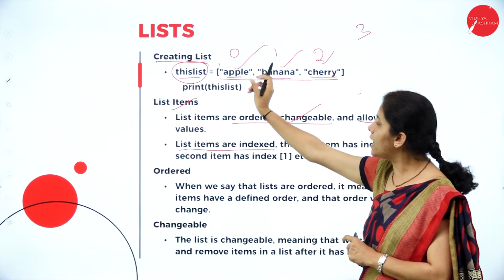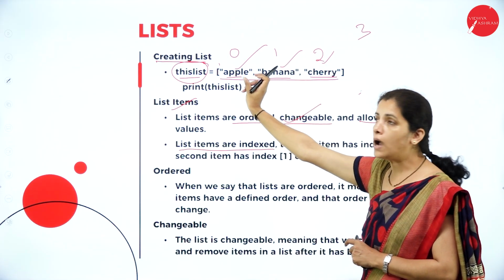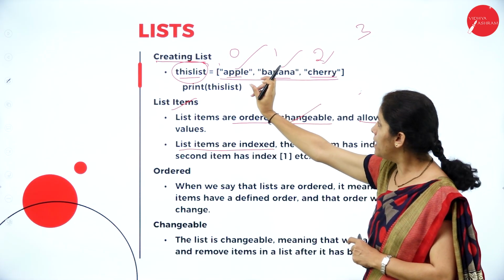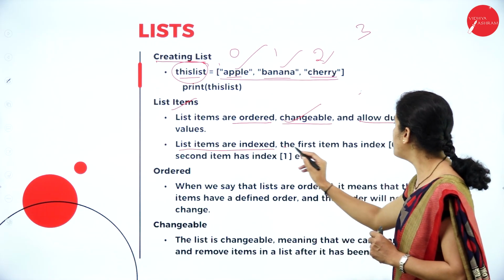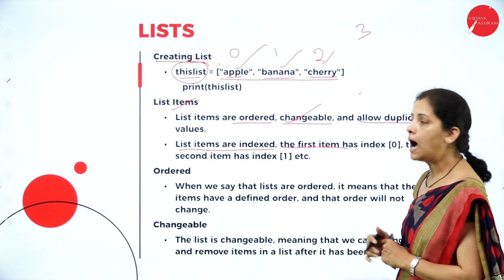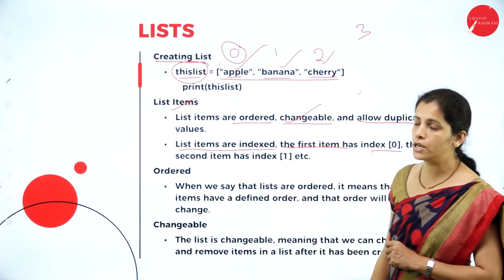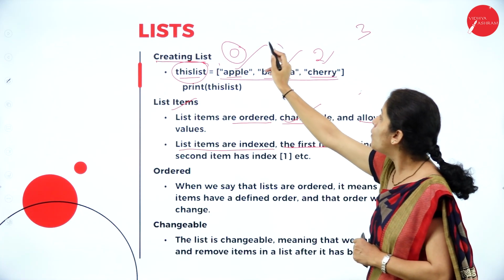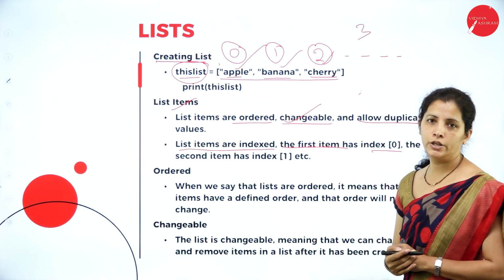So all the items are indexed. Suppose I want to access apple, I must specify the index value. So the first item has index 0. So what is the index? It is 0, and next one 1, and next one 2, and it continues.